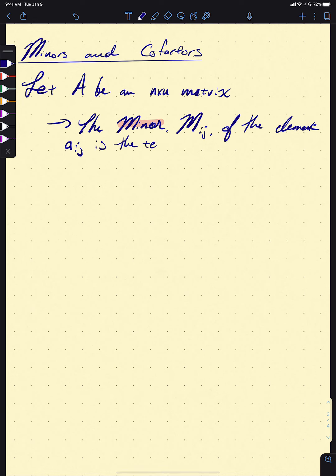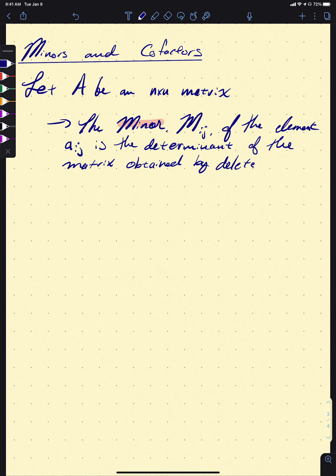It's the determinant of the matrix obtained by, so we're gonna delete, okay, the ith row and the jth column of that original matrix, okay?